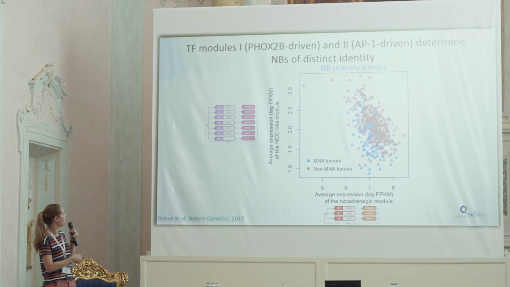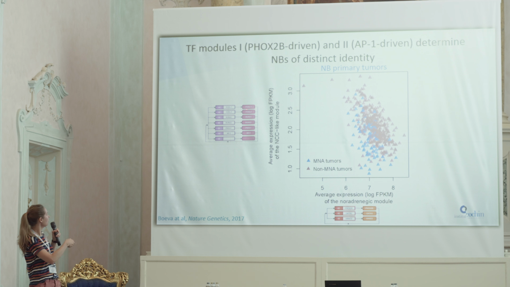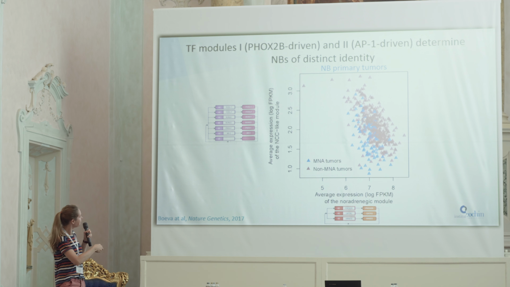And we plotted it for neuroblastoma primary tumors. So on the x-axis, you see average expression of these 3 genes, PHOX2B, GATA3, and HAND2 from module 1. And on the y-axis, you see the expression of transcription factors from module 2, PRRX1, FOSL1, and so on. And each triangle is a tumor. MYCN amplified tumors are shown in blue.